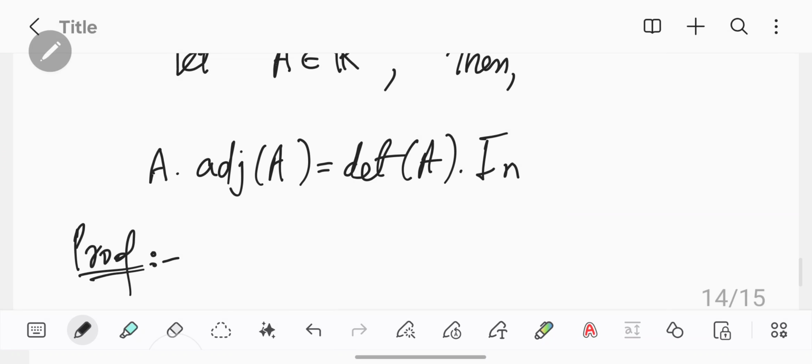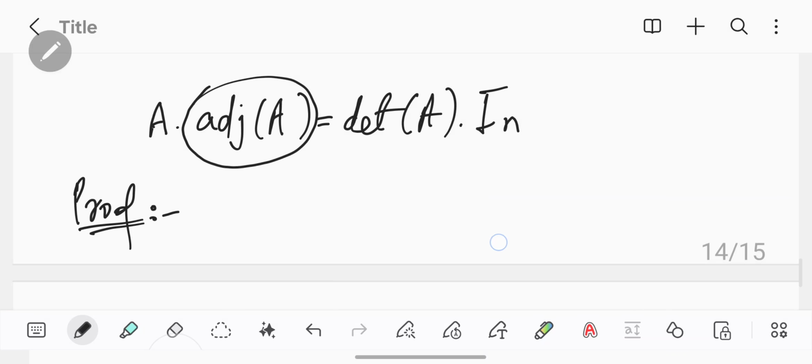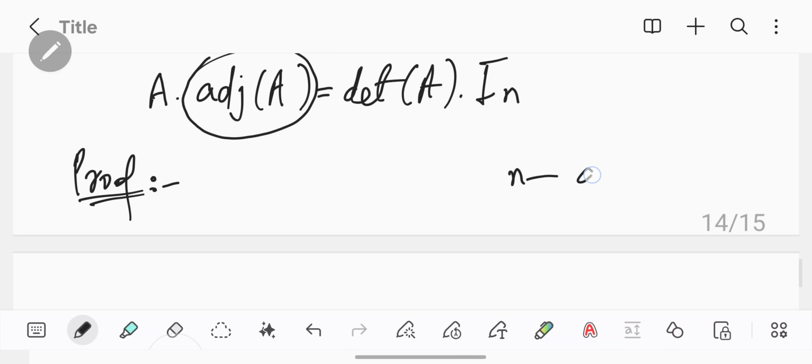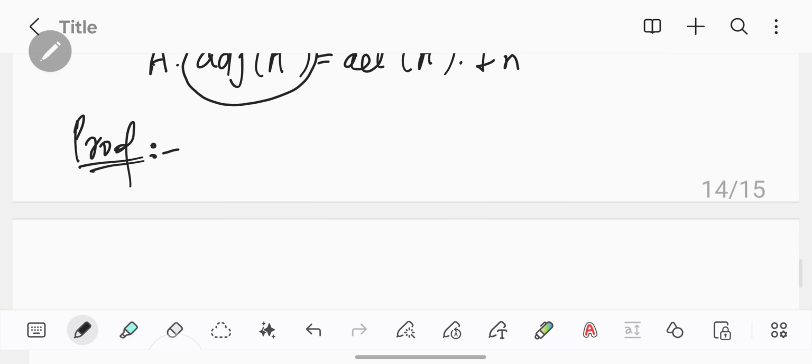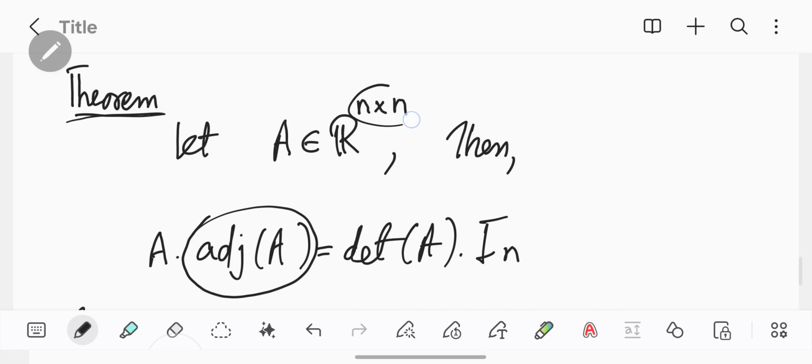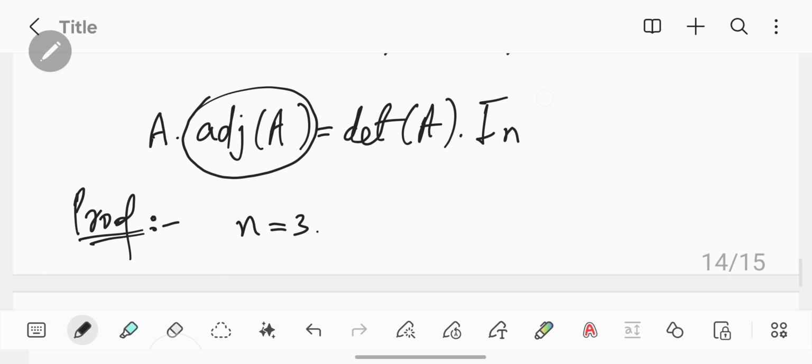In order to prove it, we consider an arbitrary n by n matrix A and multiply A with adjoint of A. Since n can be any number, we will prove this theorem particularly for n equal to 3, so my matrix is 3 by 3. I will take 3 by 3 to make my calculations easy and simple.